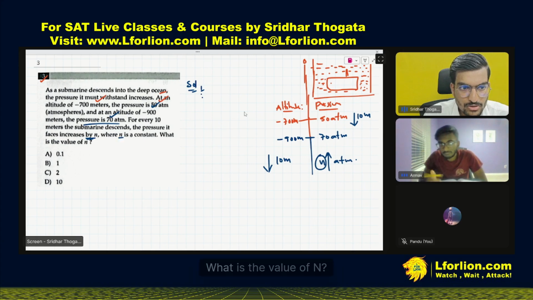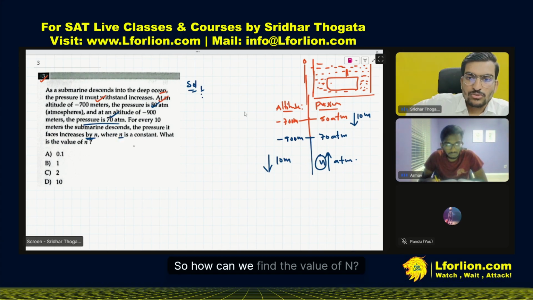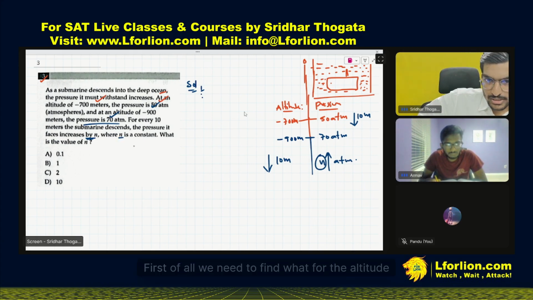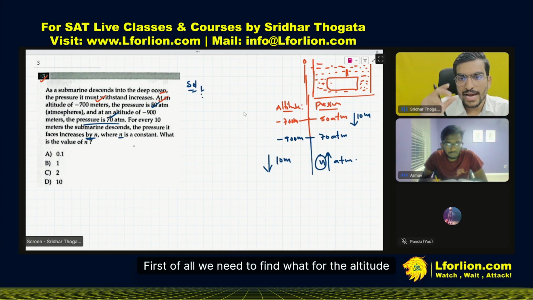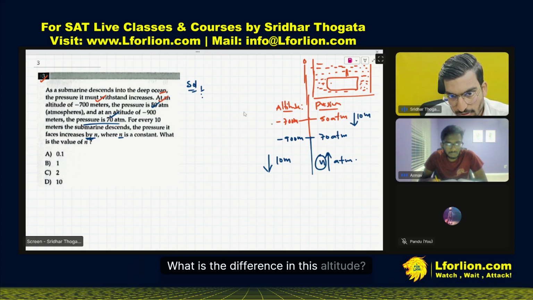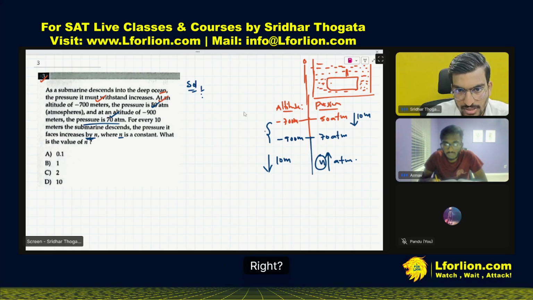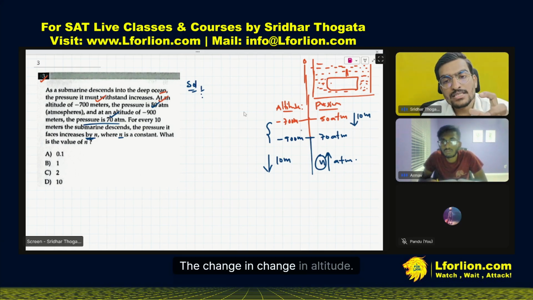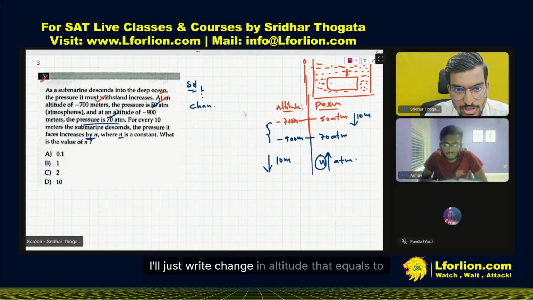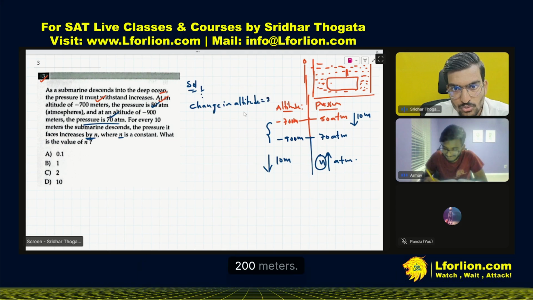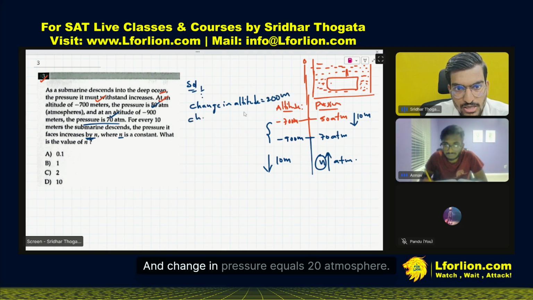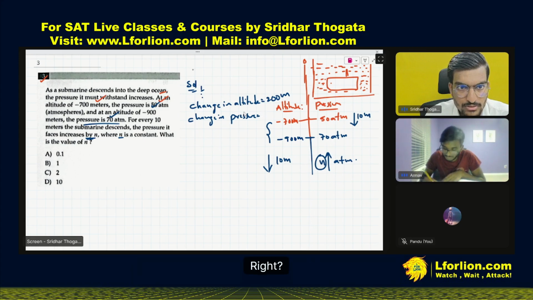Where n is the constant, what is the value of n? So how can we find the value of n? First of all, we need to find the altitude difference. What is the difference in altitude? 200 meters, right? The change in altitude equals 200 meters, and the change in pressure equals 20 atmospheres.